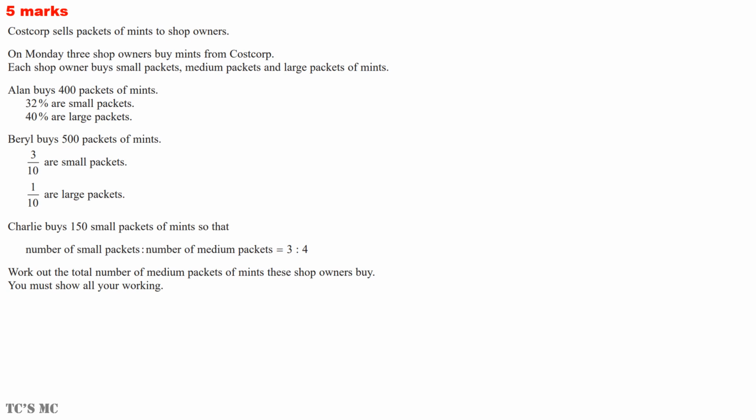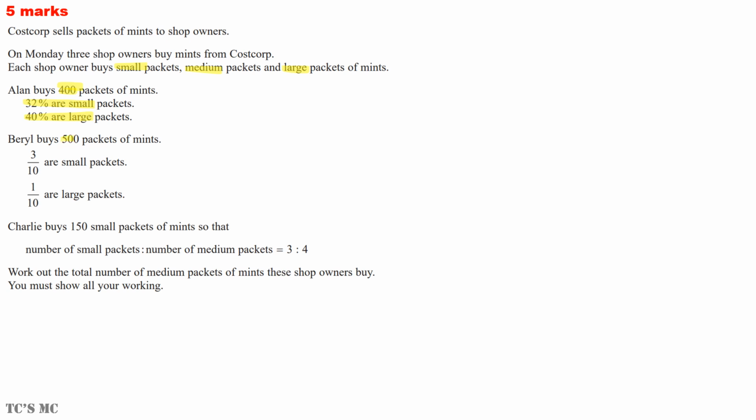Costco sells packets of mints to shop owners. On Monday, 3 owners buy mints. Each shop owner buys small packets, medium packets, and large packets. Alan buys 400 packets of mints. 32% are small and 40% are large.